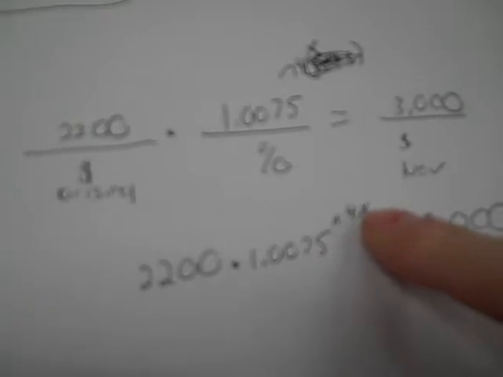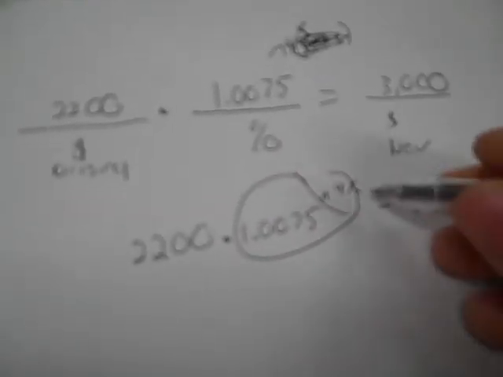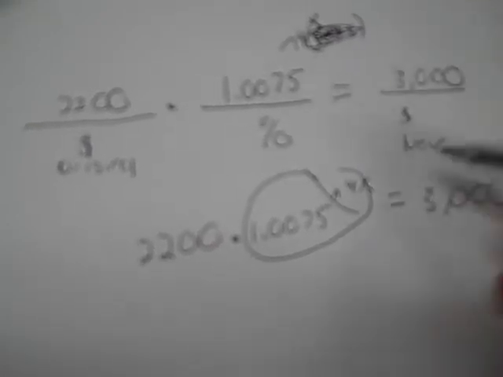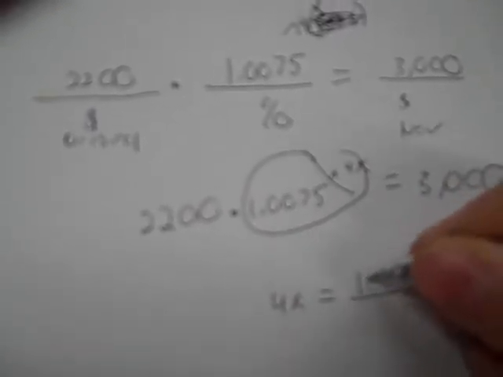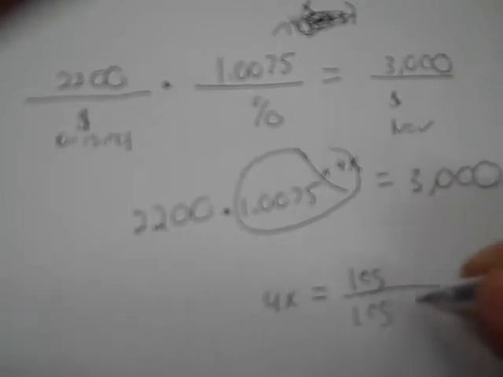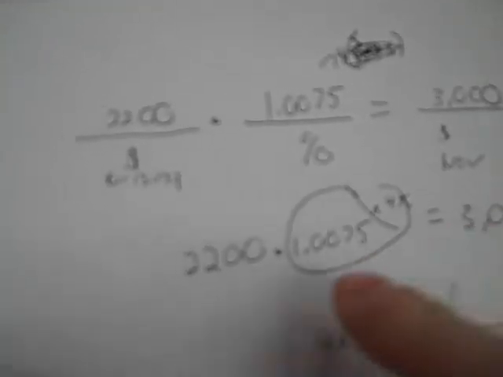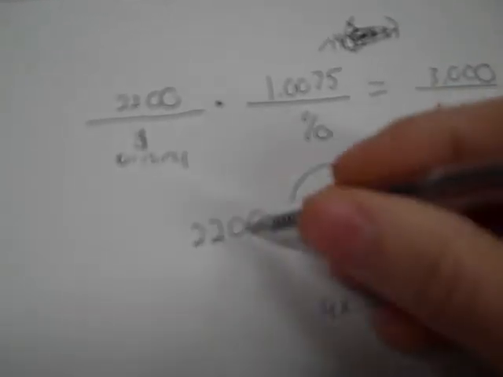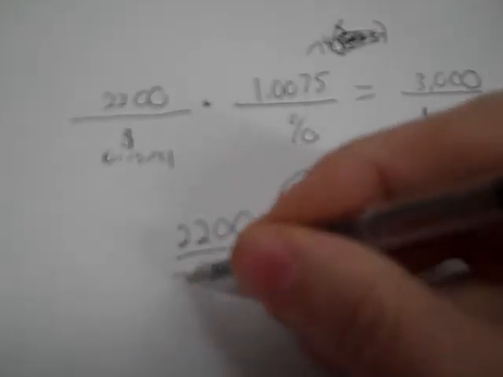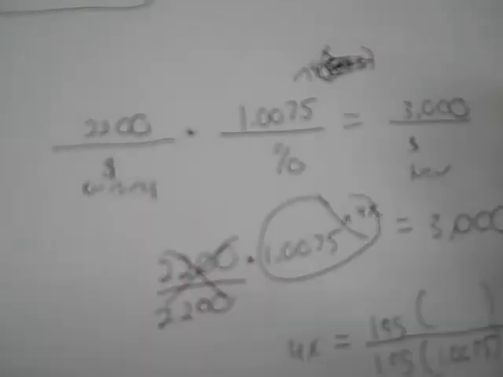Now, our variable is in the power, so you circle it, you split it, and you're going to use the log. So 4x equals log over log. Now, I know what goes on the bottom: 1.0075 does. I don't know what goes on top because we have a multiplication factor out here of 2,200 that we need to undo by division.